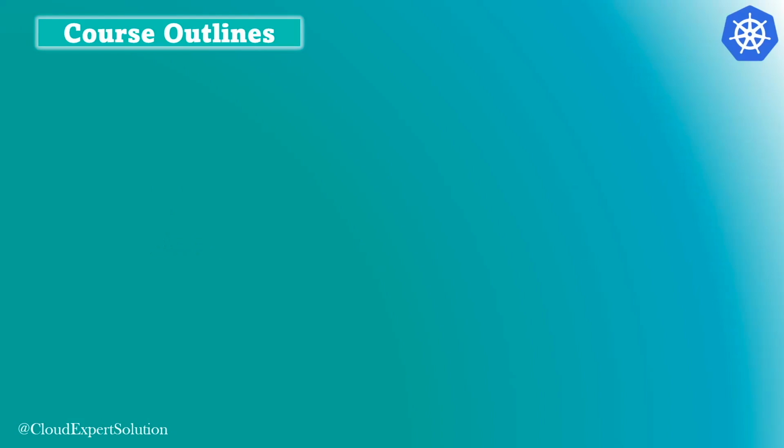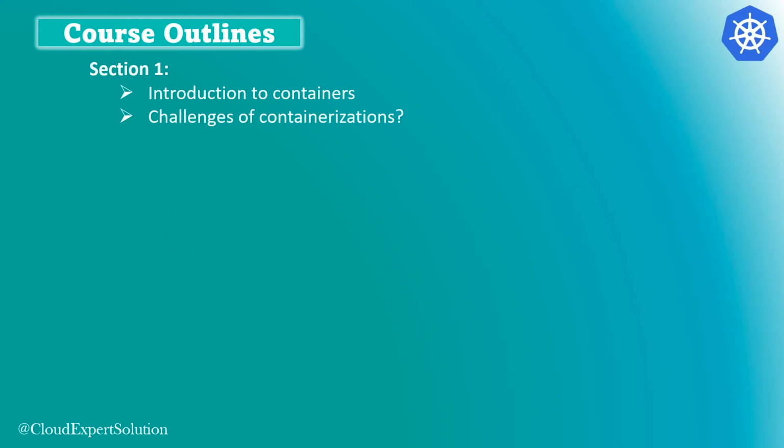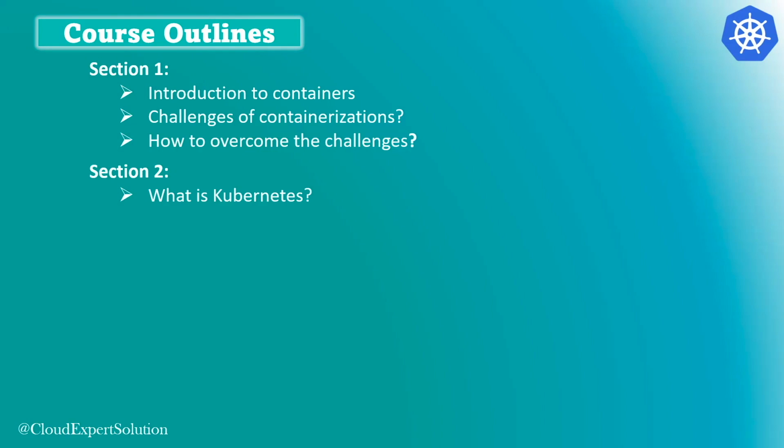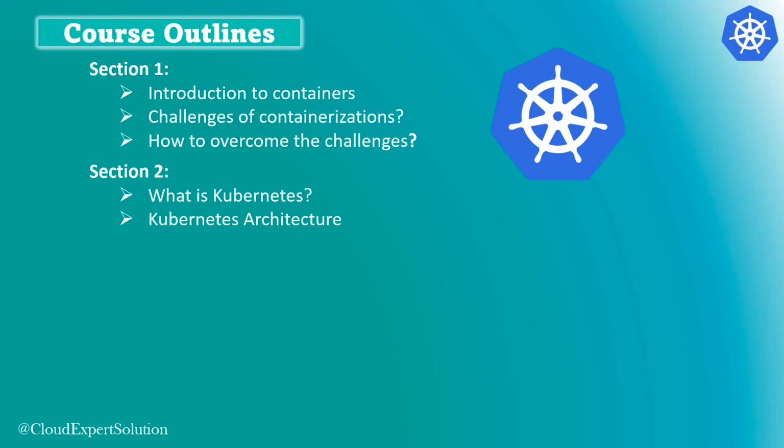We'll start with today's course outline. We'll begin with an introduction to containers, followed by what are the challenges we observe in containerized platforms, and how to overcome those challenges. Then we'll talk about what is Kubernetes. We will review Kubernetes architecture, followed by different Kubernetes components.